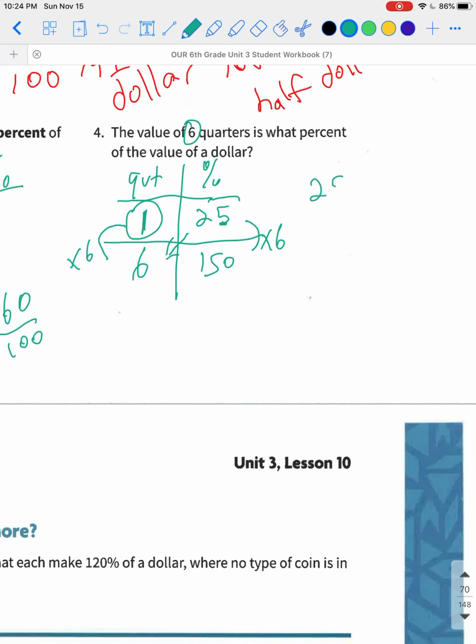You can work it out like this, if that is how you need to work it out, or you can use a calculator for this right now. So 6 quarters is 150% of a dollar, or 150 over 100.